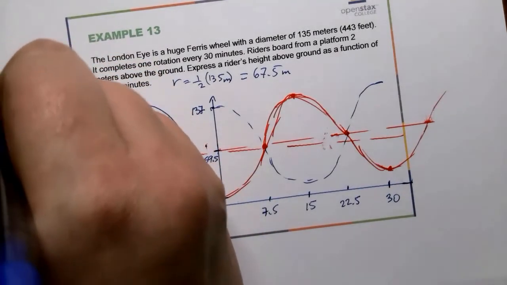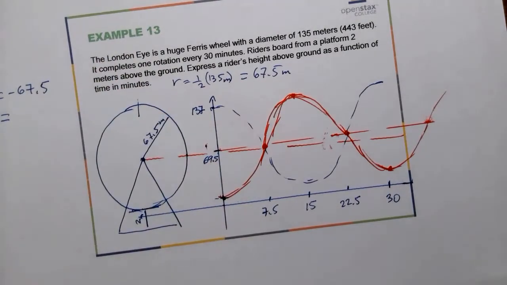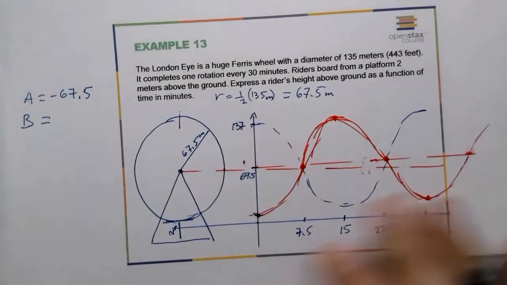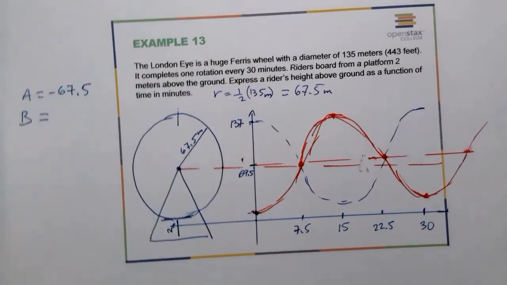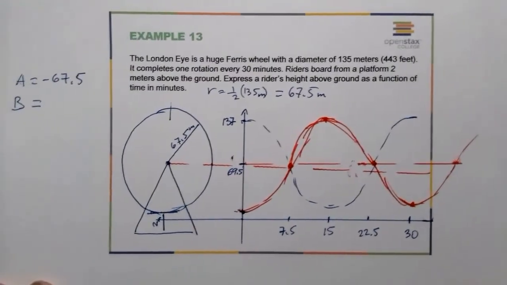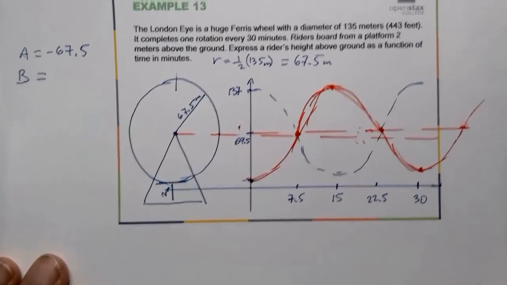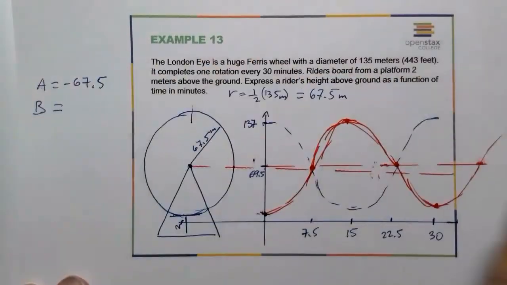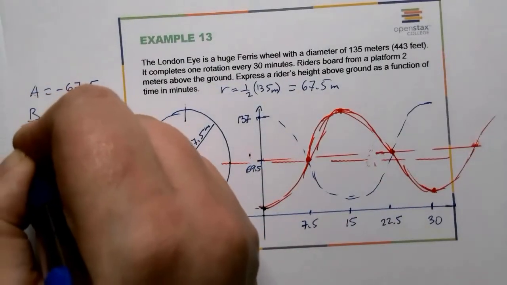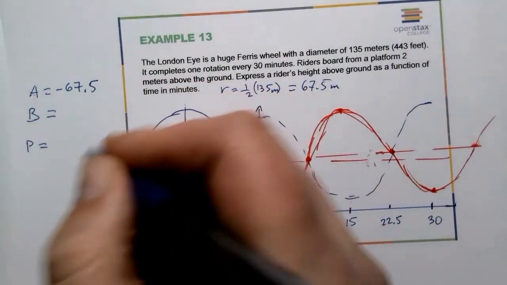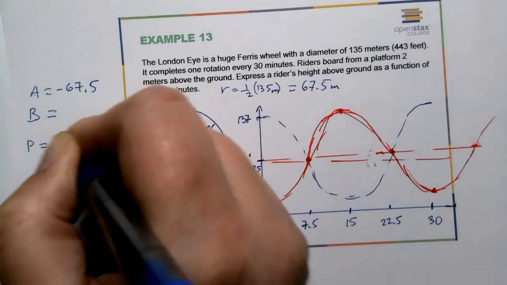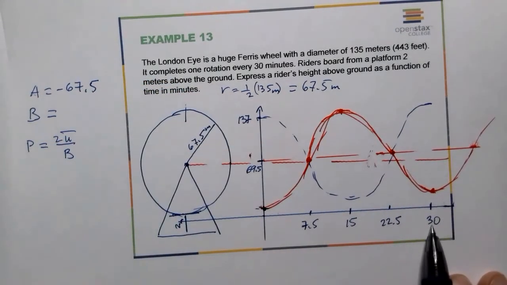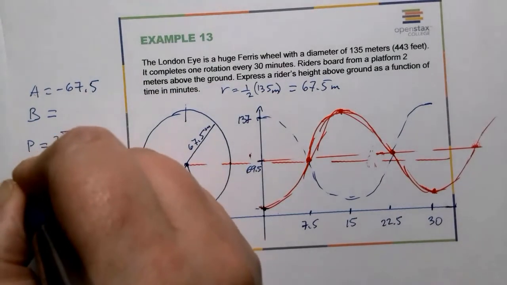What about the stretch, the B? Okay, the period. We know the B influences the period, right? What we know is that the period is 2 pi divided by B. Our full period for this function is 30 minutes, right?